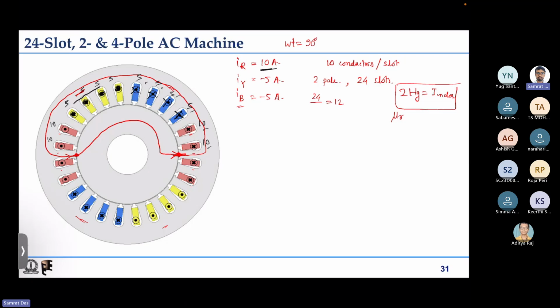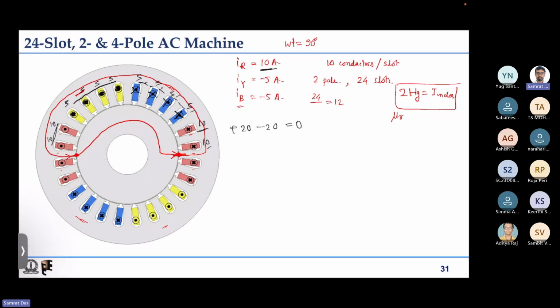So whatever 20 this forms, this 20 will be neutralized by this 20, and again you have 10 and 10, which are basically dot. So plus 20 for these R conductors and minus 20 for these R conductors on the opposite side, and these blue conductors basically cancel each other, so effectively you have 0.